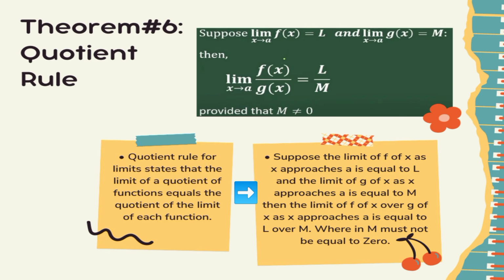Again, suppose the limit of f of x as x approaches a is equal to L, and the limit of g of x as x approaches a is equal to M. Then the limit of f of x over g of x as x approaches a is equal to L over M, wherein M must not be equal to 0. To illustrate, let's have our example.